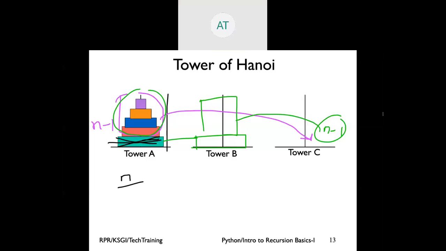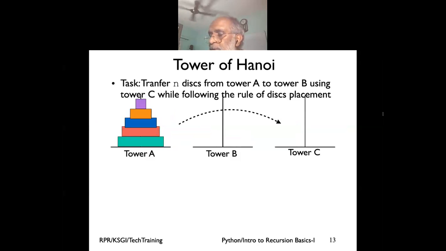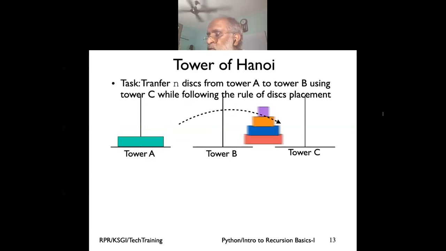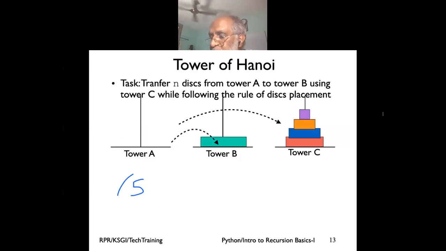Okay. Spend time on it, think about it. It may take you a while. Graphically, you can look at the following. I move the n minus 1 disks here. Then I move the bottom disk there. Remember, my original problem was moving 5 disks. I made a smaller problem of size 4.